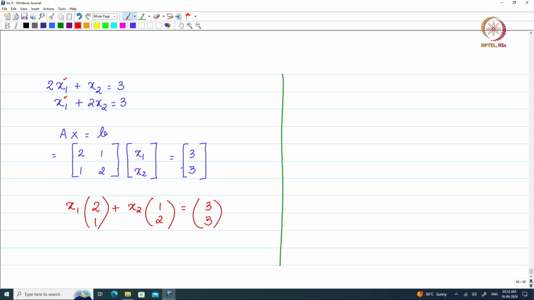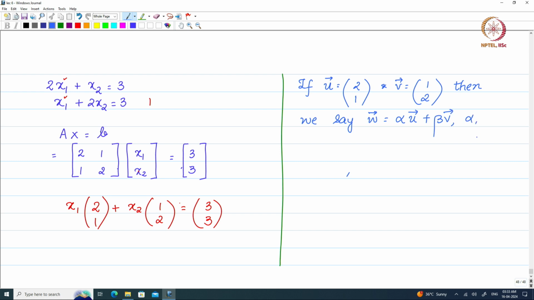This format of writing is not something new to us, in the sense that if u is a vector equal to 2 1 and v is another vector equal to 1 2, then we say a vector w equal to alpha u plus beta v, where alpha and beta are scalars, is a linear combination of the vectors u and v.